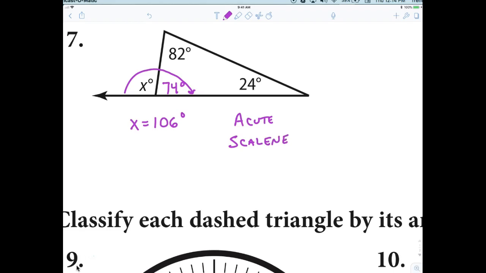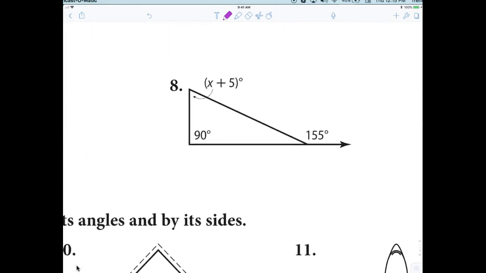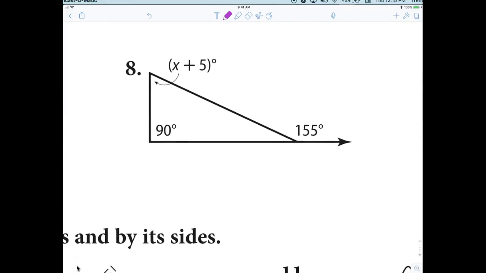All right, so that was kind of hard. So keep it up. Make sure you see it. Now let's slide over to question number 8. Question number 8 is kind of tricky. How do I do it? Look up.